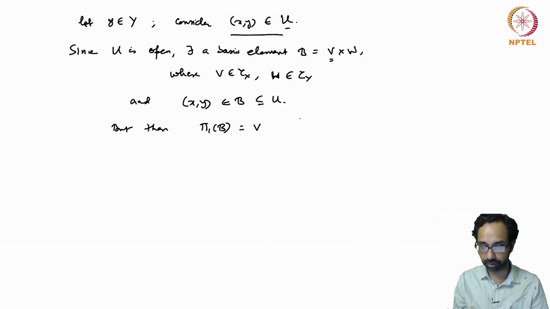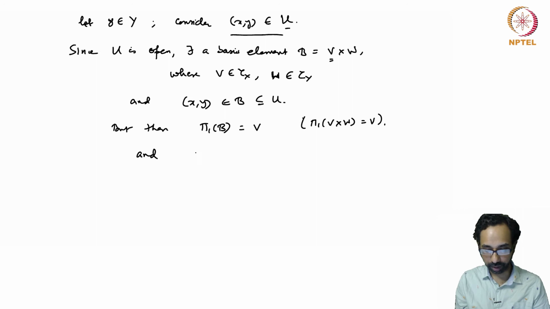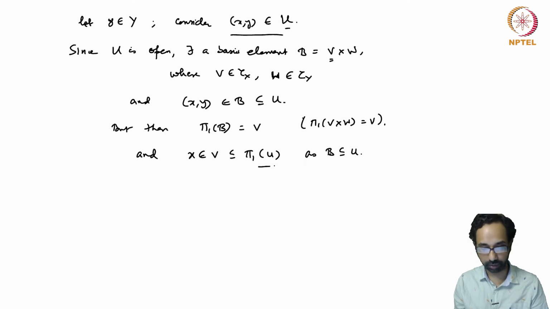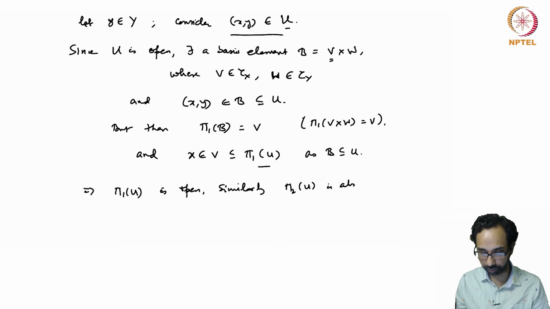So pi1 of V cross W is V, right? And we have x belonging to V, and this is a subset of pi1(U), as B is a subset of U. So we have found an open set containing x and contained in pi1(U). So this implies that pi1(U) is open. Similarly, pi2(U) is also open for the coordinate projection onto the second coordinate.